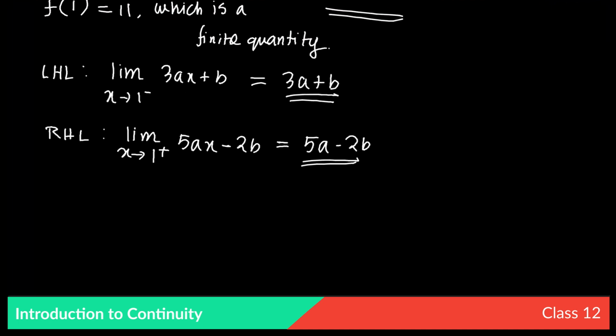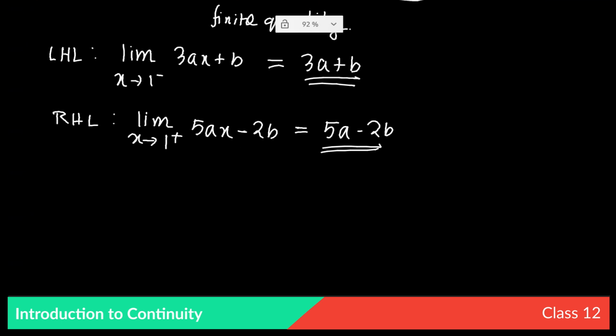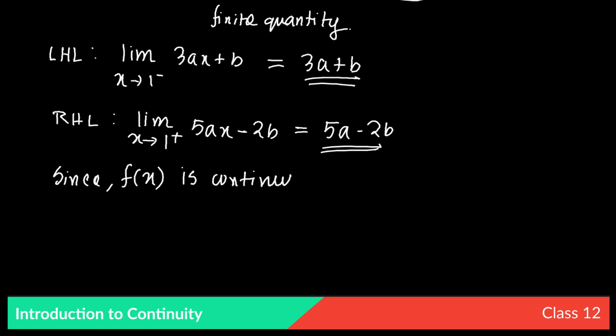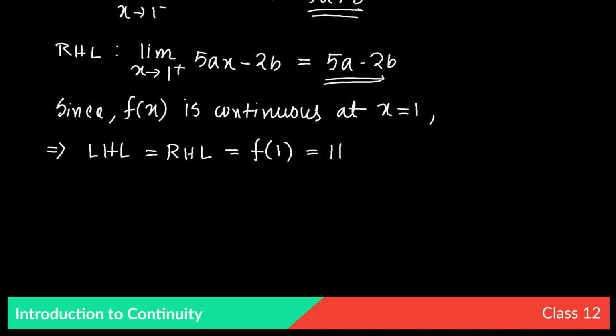You have to write the reason: since f(x) is continuous at x equals 1, it implies LHL equals RHL equals f of 1, that means 11. So we can write 3a plus b equal to 5a minus 2b equal to 11.